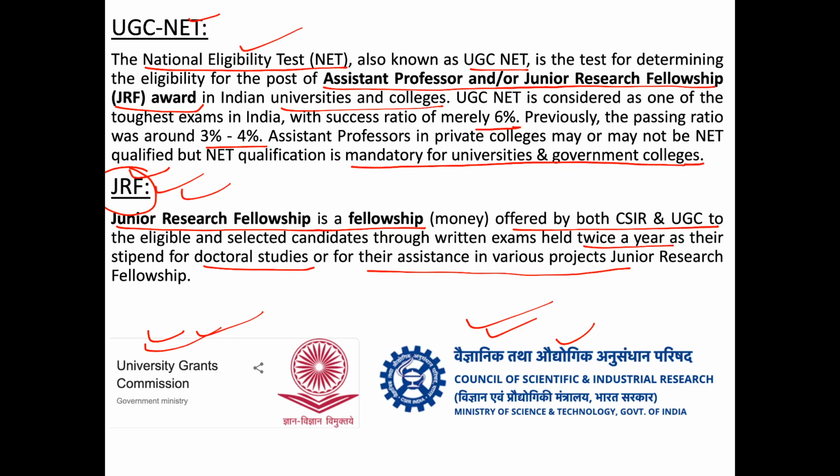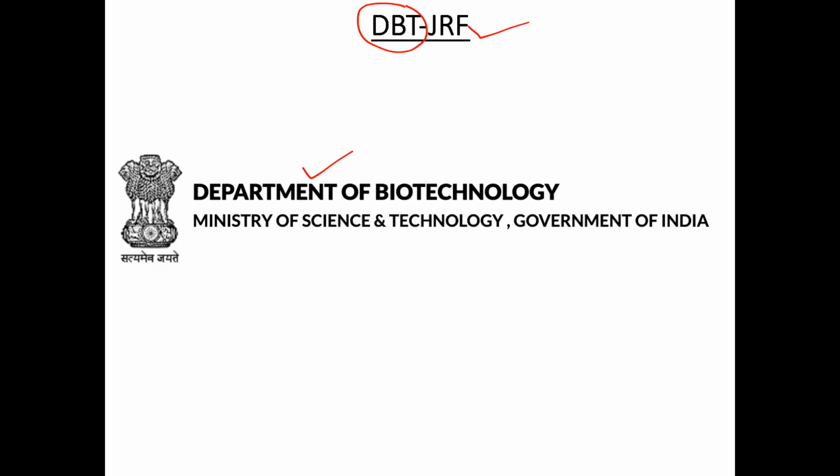So you again have to give this exam to qualify the NET. You would not need the JRF. So the only difference between DBT and CSIR is that in case of CSIR you will get both, but in case of DBT you will have to give the NET exam one more time. So you have to do double the effort, right?